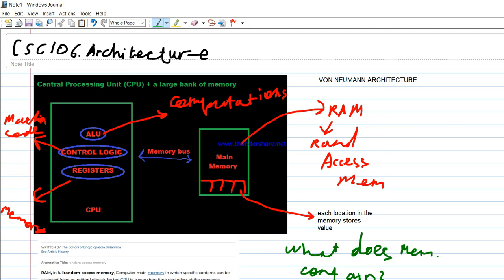Well, the task of ALU is basically to perform computations, like to add numbers, to subtract numbers, really easy stuff. Control logic just decodes your machine code and performs certain actions depending on what exactly you asked your CPU to do. Your registers are memory locations.